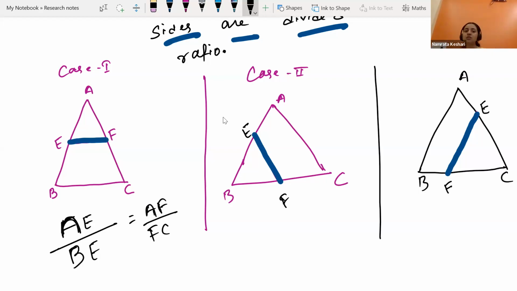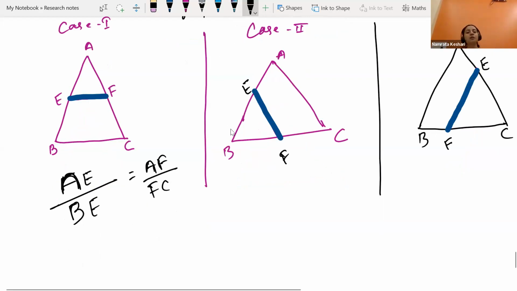We can use the same concept for possibility number 2. If we have drawn a line EF which is parallel to AC, now this line EF is intersecting the other two sides, AB and BC, at two distinct points, that means two different points E and F. Then the two sides, AB and BC, are getting divided in equal ratio.